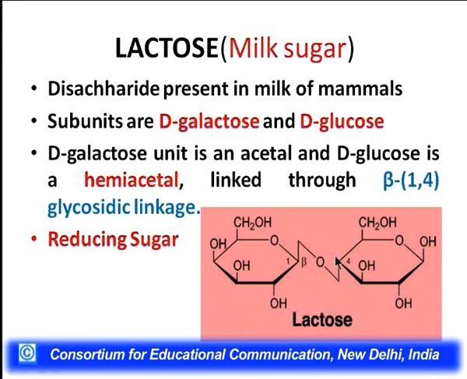So what we find here is that in lactose, galactose is linked to glucose, and the first carbon, that is the anomeric carbon, where the configuration is beta, is linked to the fourth carbon of the glucose molecule through the ether linkage. And since it has a free aldehydic group, or it is a hemiacetal, lactose is going to be a reducing sugar.